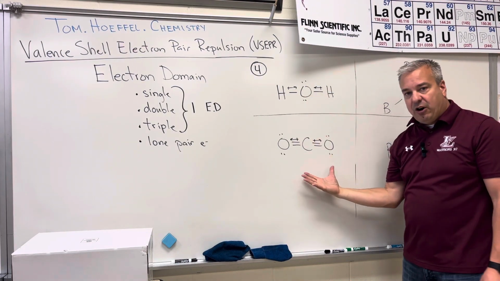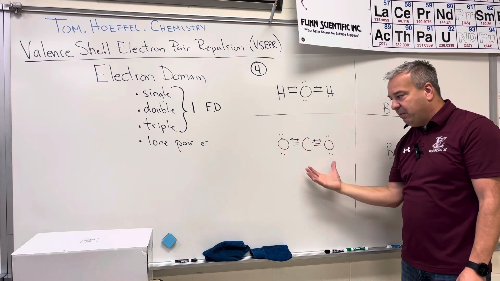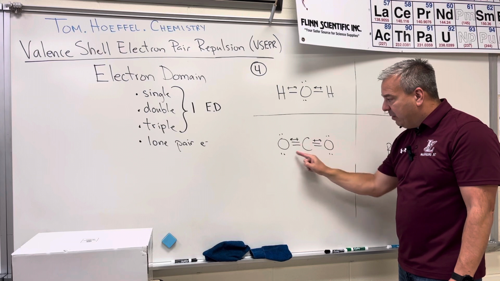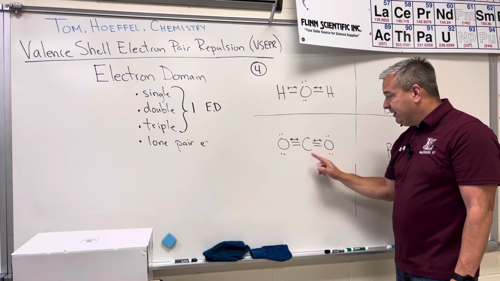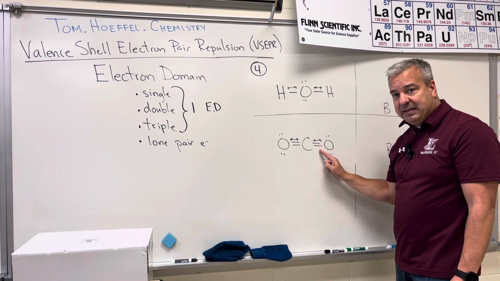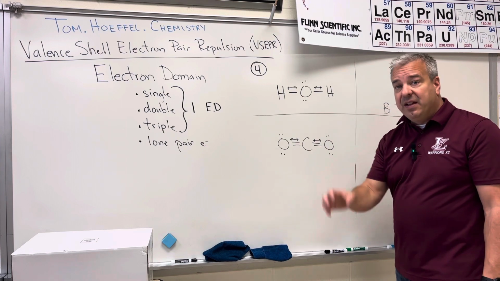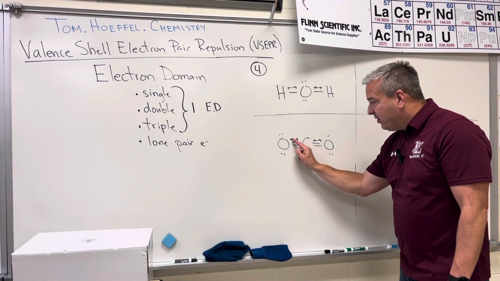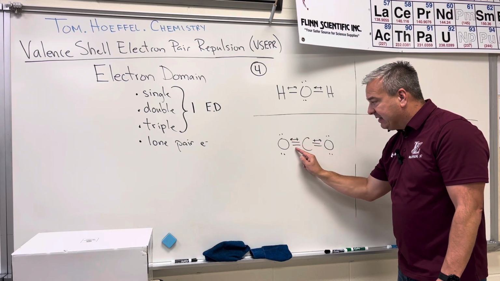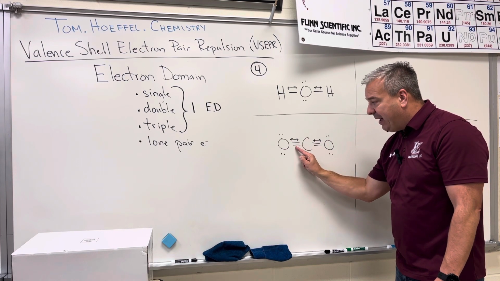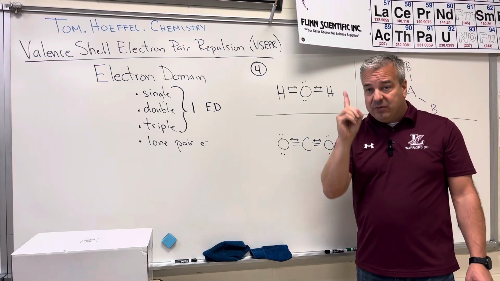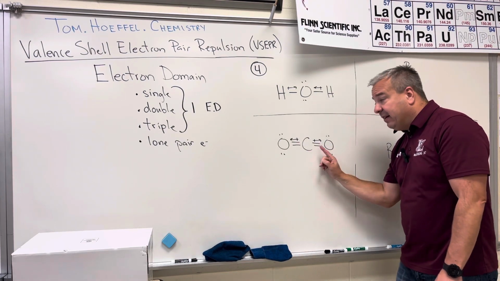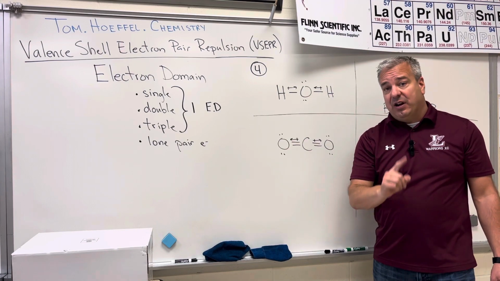Now let's take a look at carbon dioxide. When we investigate the central atom, we see a double bond on the left-hand side and a double bond on the right-hand side. I want to remind you that an electron domain is an area that's dense in electrons. This double bond only counts as 1 electron domain, and this double bond counts as 1 electron domain.